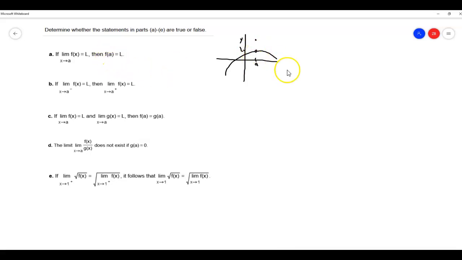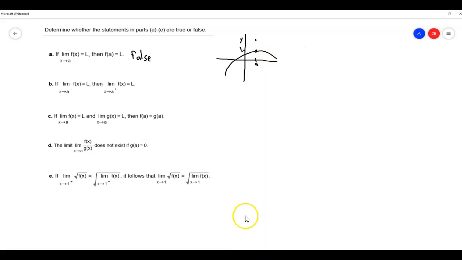But if we actually look at f of a, that means the y value at this x value of a, notice it's way up here. And this y value and this y value are different, so this statement here would be false. So right away we can see that there is a counterexample right here, something that looks like this. I can't quite think of another counterexample right off the top of my head.